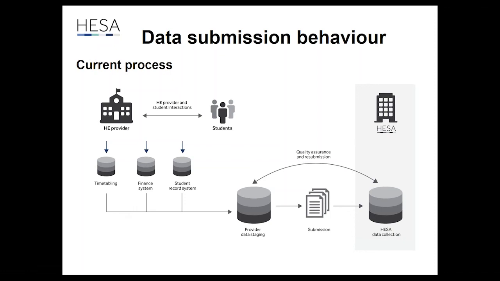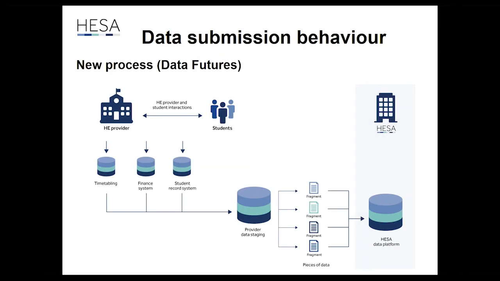In the shiny, colourful new world, over on the left, that's very similar. You have students interacting with you in the same ways, producing data, and that data being stored by yourselves. But what's changed is the way that moves over to the right onto the HESA data platform. So rather than one big submission, what we have here is several fragments. These are smaller files that contain subsets of the data that you submit to us.